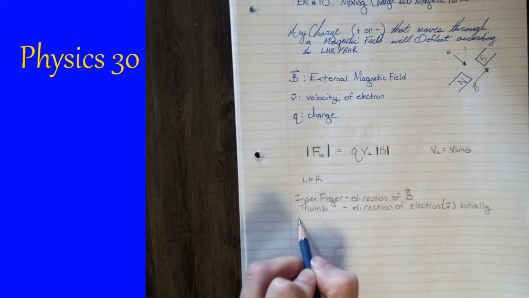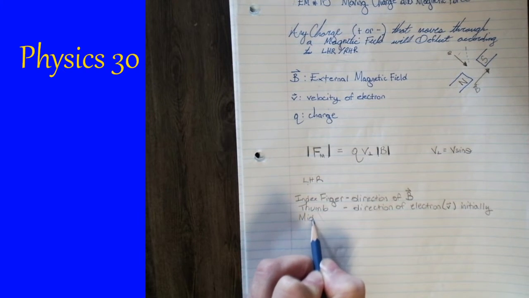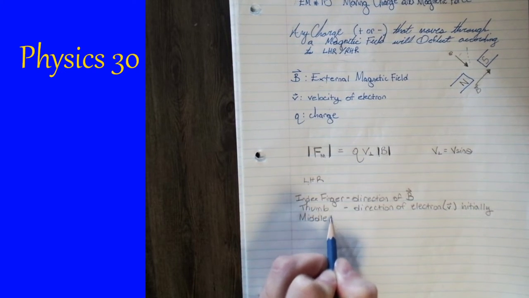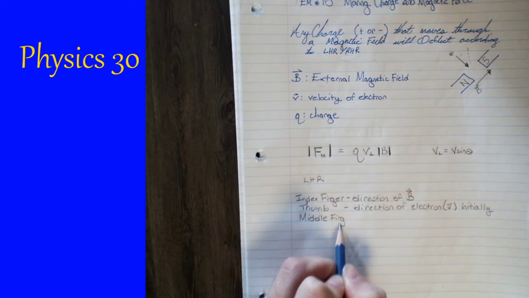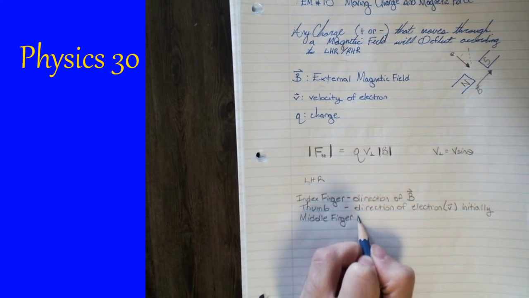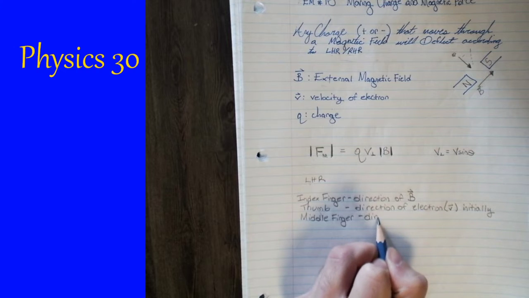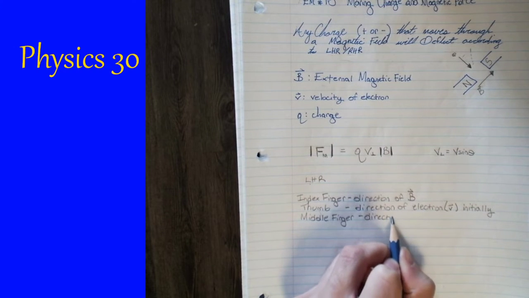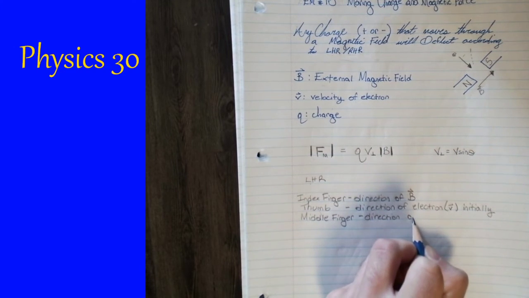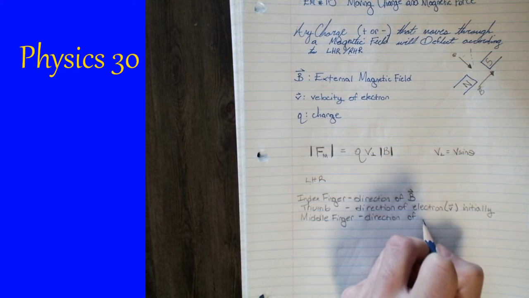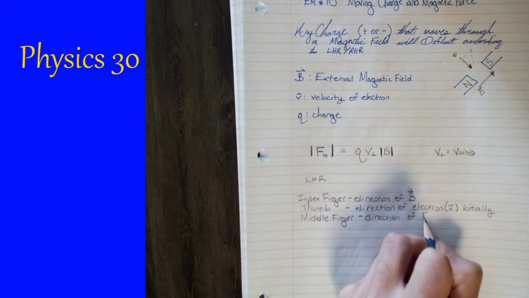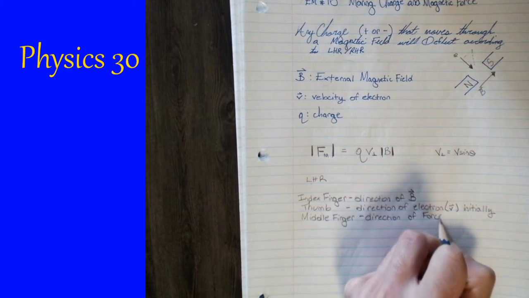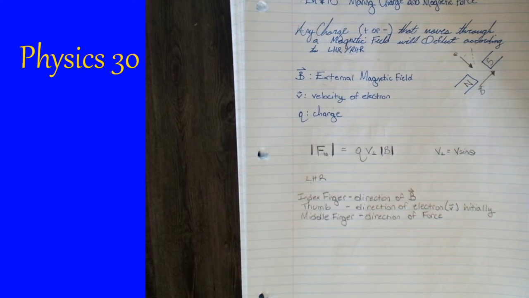And finally, the middle finger is the direction of the magnetic deflecting force. So we'll just say direction of the force that the electron will experience.